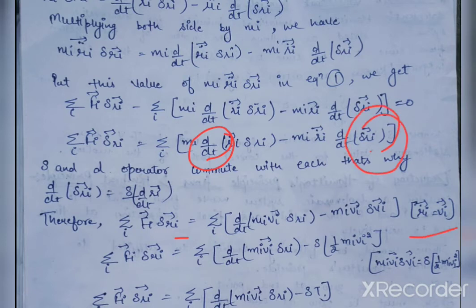Ri dot is equal to vi. Here we put the value, we get this. Now d by dt of mi vi δRi minus δ of half mi vi square. As we differentiate it, we get 2 vi, and the 2 and 2 cancel, we get this.